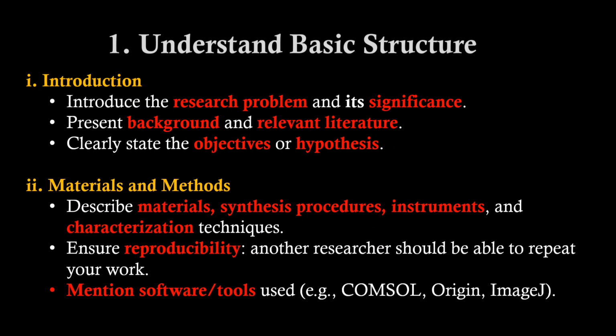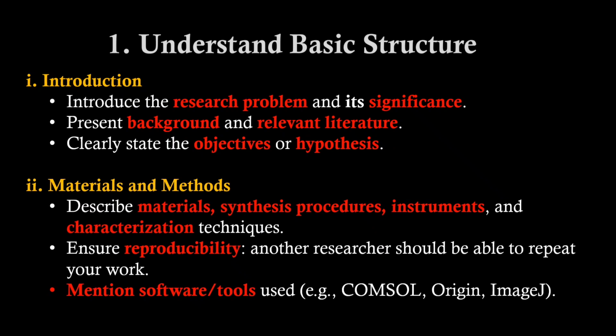Another very important thing while explaining all these materials, methods and synthesis procedures is to ensure reproducibility. That means the protocols which we follow should be reproducible by any other researcher as and when needed.